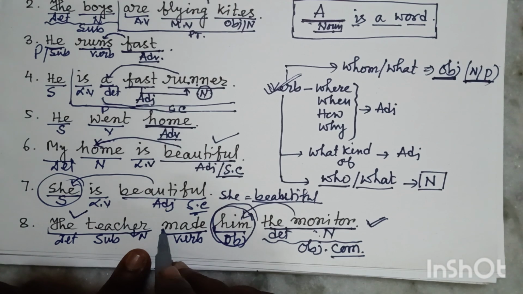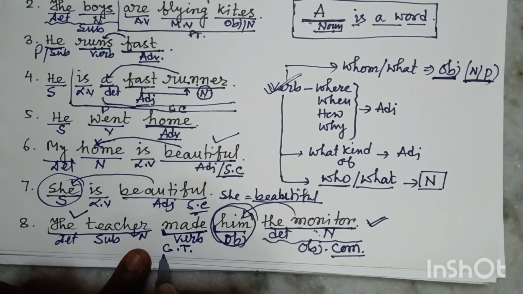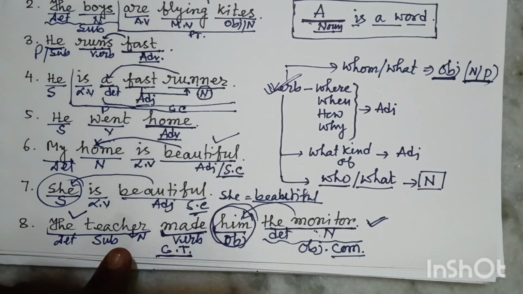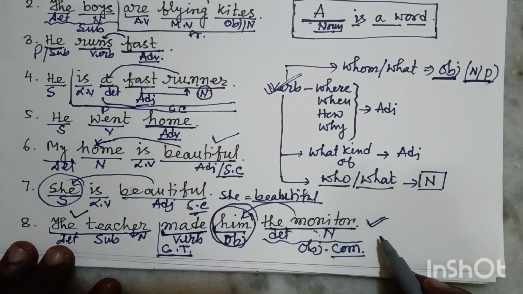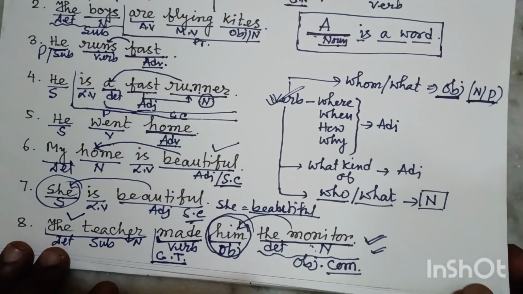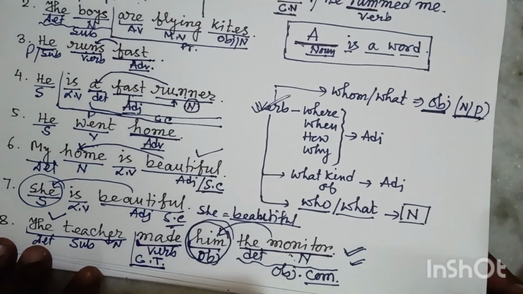Actually, this word made is used as a complex transitive verb in this sentence. Friends, we may discuss it in a separate video about all these things, but here that is enough. We are able to identify the parts of speech. That is our concern in this video.